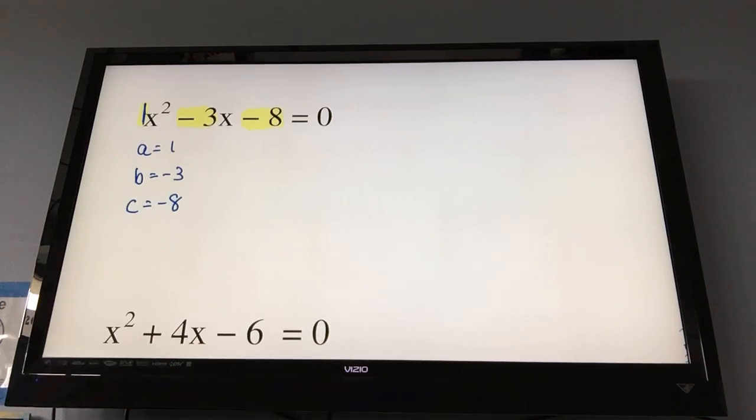So I plug it in. Negative b plus or minus square root, b squared, lots of parentheses, minus 4 times a times c, over 2 times a.